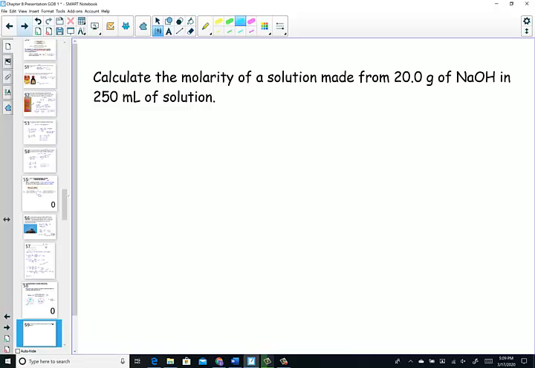Calculate the molarity of a solution. So this is big M, the molarity, big M. Concentration unit defined as moles of solute per liter of solution. But we went to the scale and we weighed out 20 grams of sodium hydroxide and 250 mils of solution.